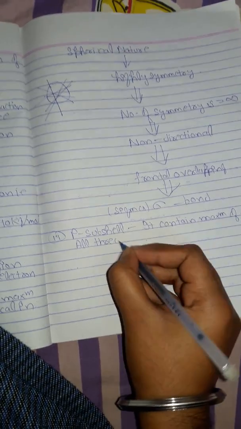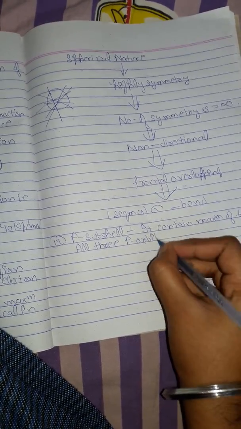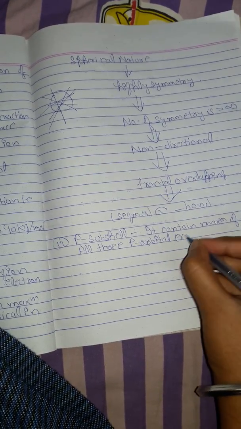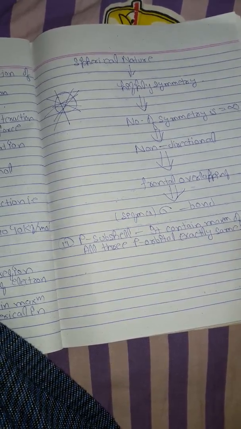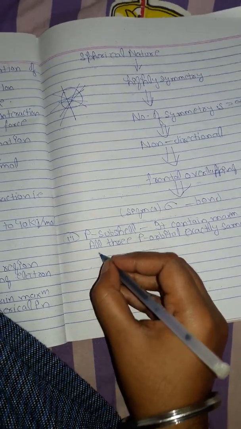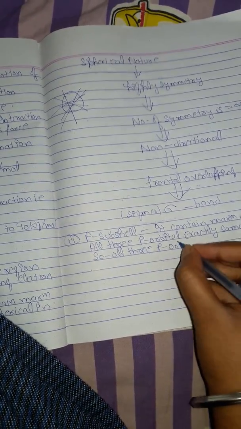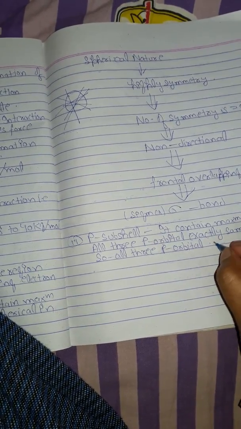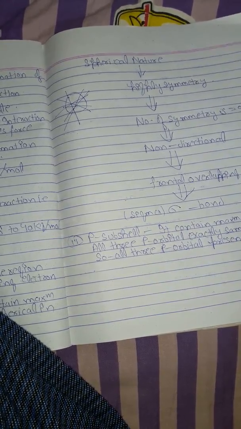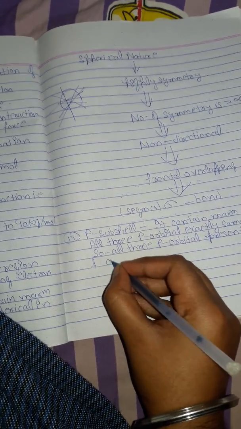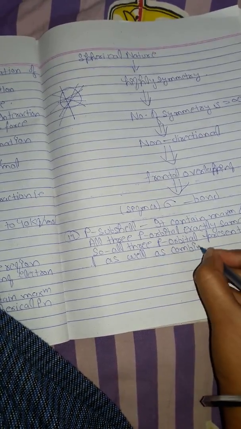All three p orbitals have exactly the same shape, so all 3 p orbitals are present in the elemental as well as the combined state.